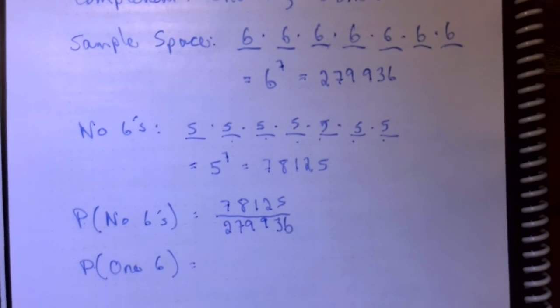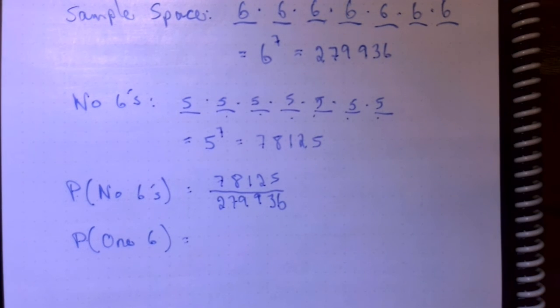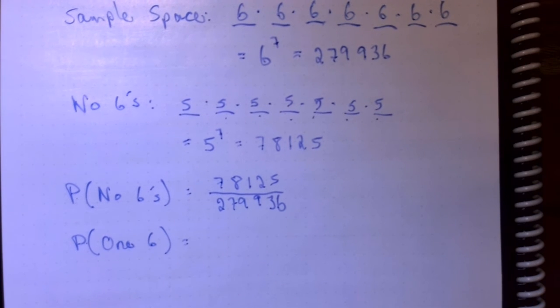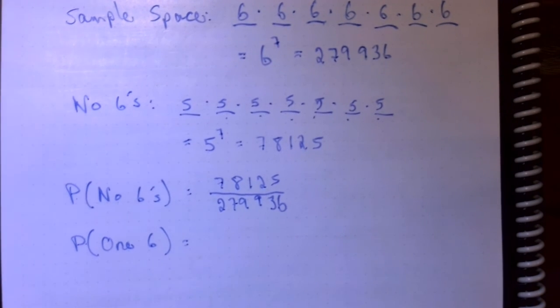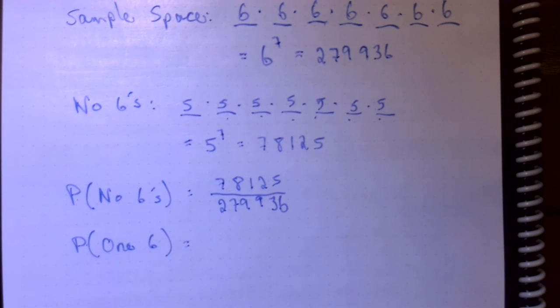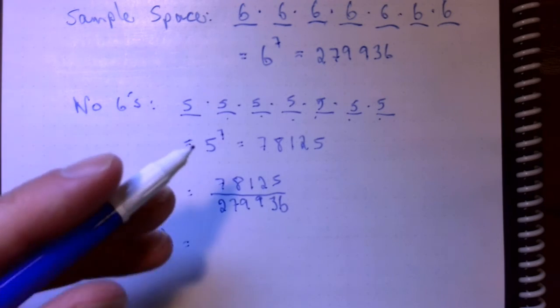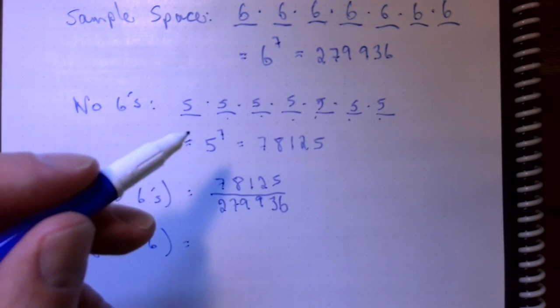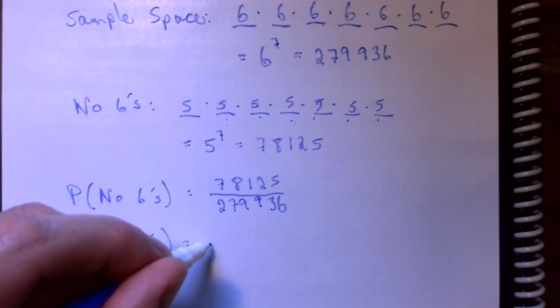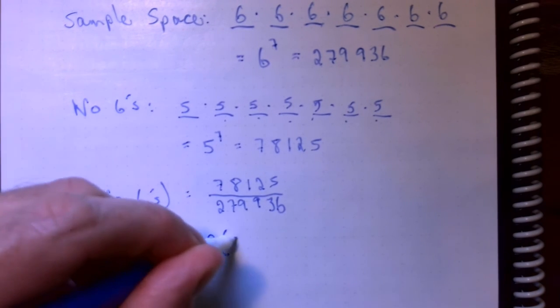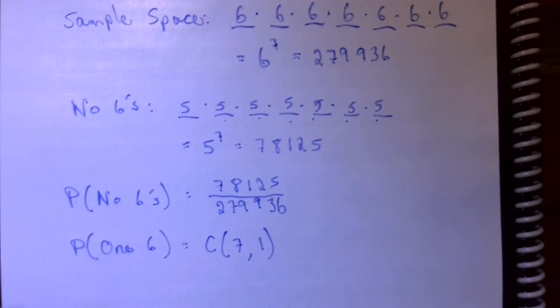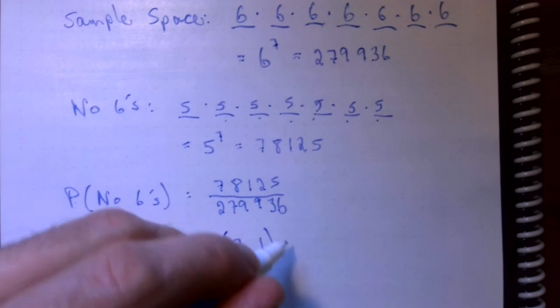Okay. Now let's look at the probability of exactly 1 6. Okay, you got 7 spots. We're going to pick one of them, and that's where the 6 is going to be. So, 7 spots, choose one. We're going to use a combination. I don't really need to do that, but I want to be fancy.